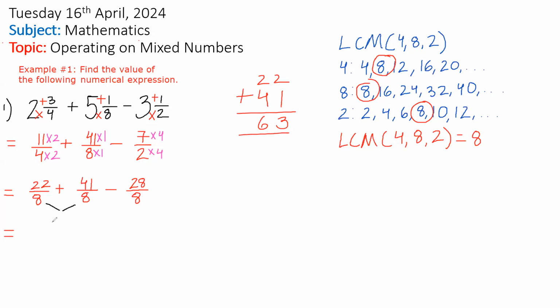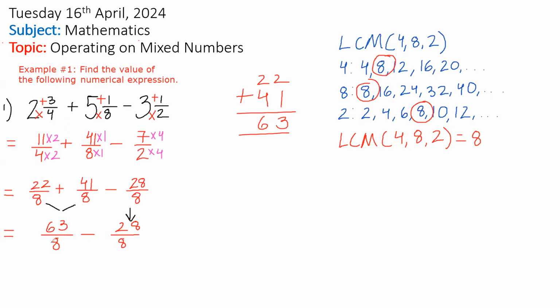And so this is going to be 63 over 8. Like you said, minus 28 over 8. We're going to bring down the 28 over 8.